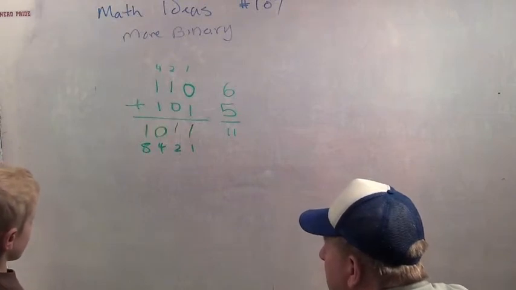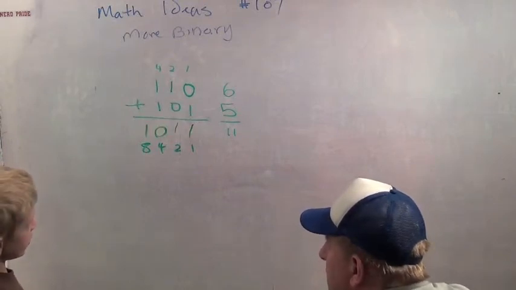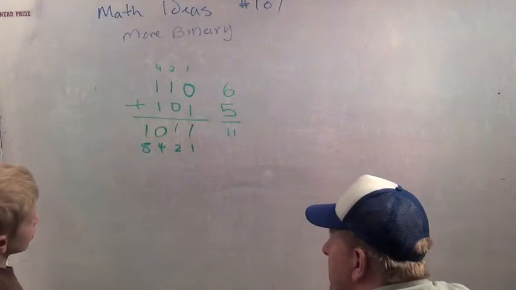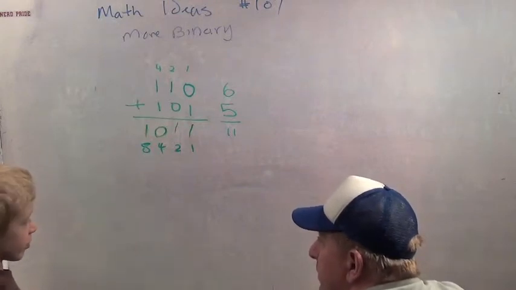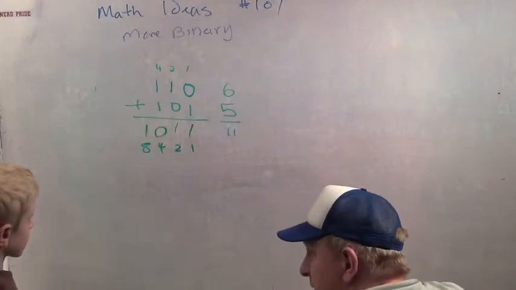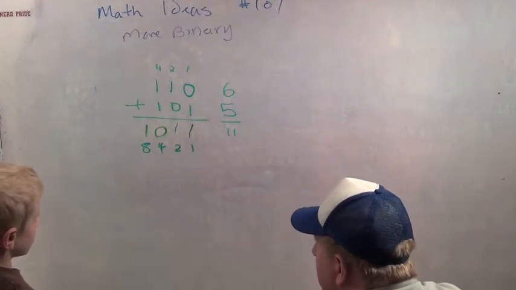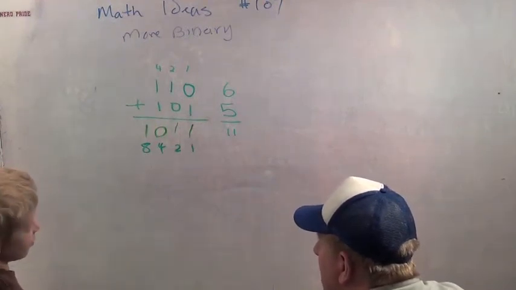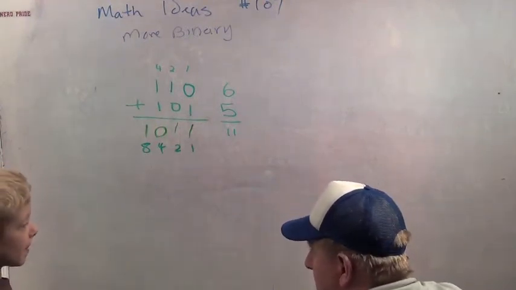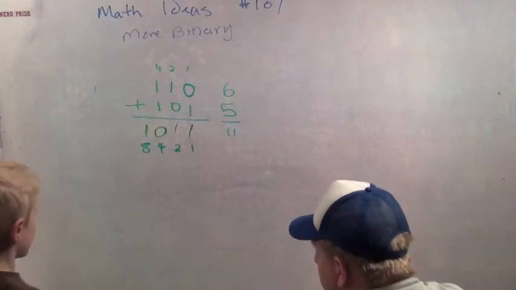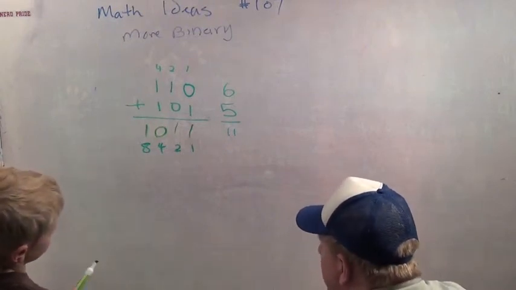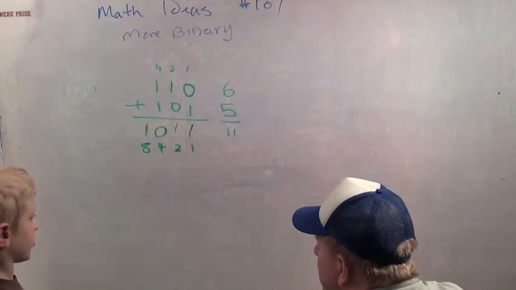So 8 times 1, which is 8, 0 times 4, so that's 8 plus 0. Now 2 times 1 is 2, so 10. Now 1 times 1, which is 1, so it's 11.